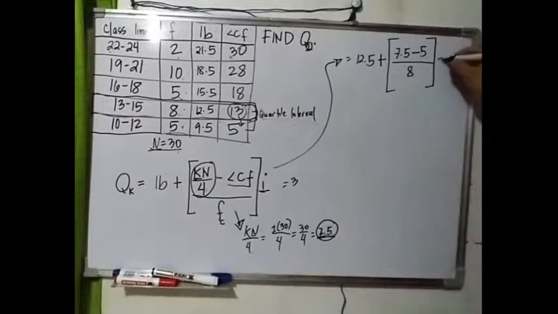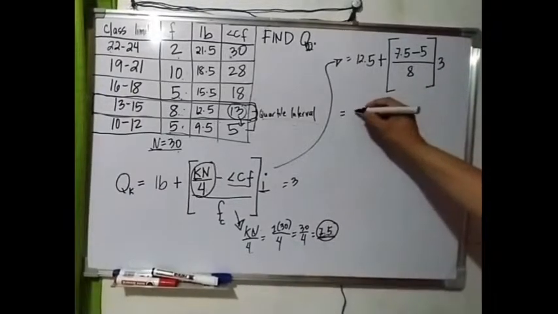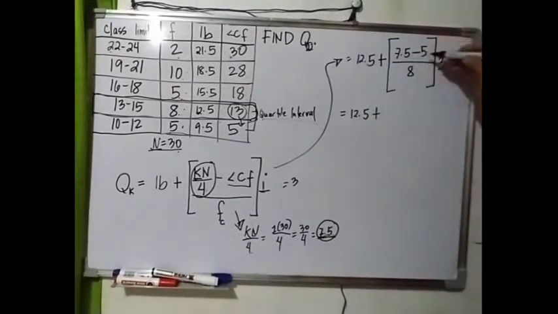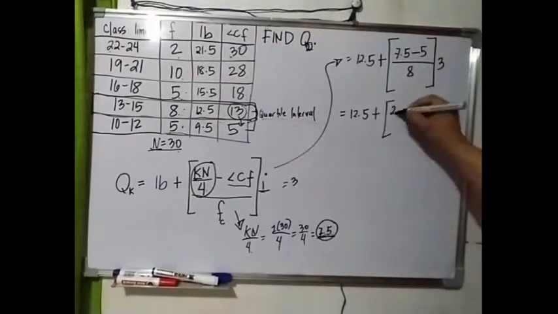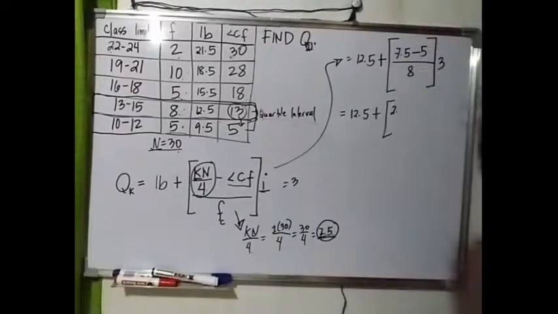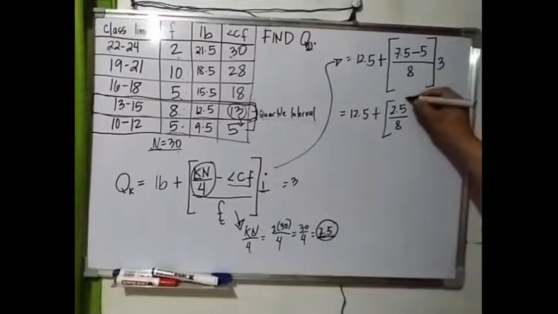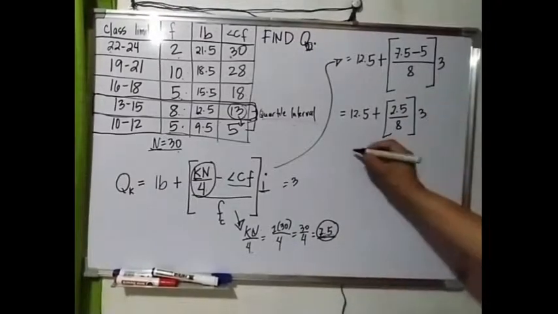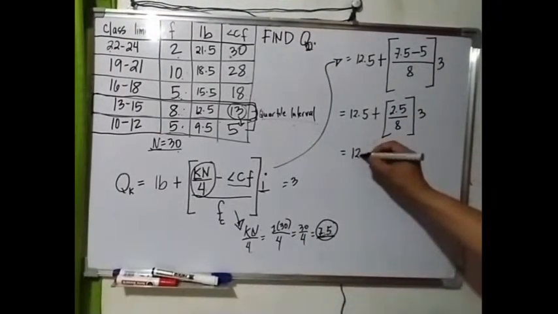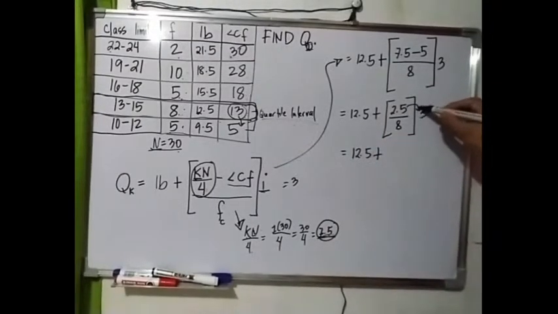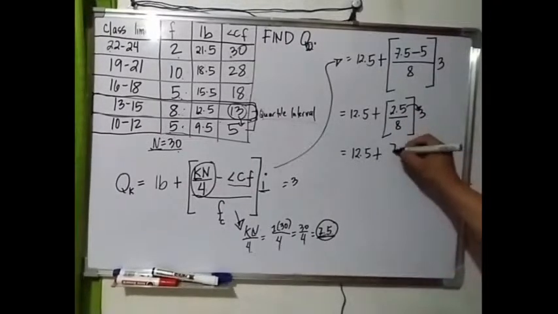So that is 3 equals 12.5 plus 7.5 minus 5, that is 2.5 over 8 times 3. Next, 12.5 plus this one, i-multiply natin, 2.5 times 3, that is 7.5 over 8.